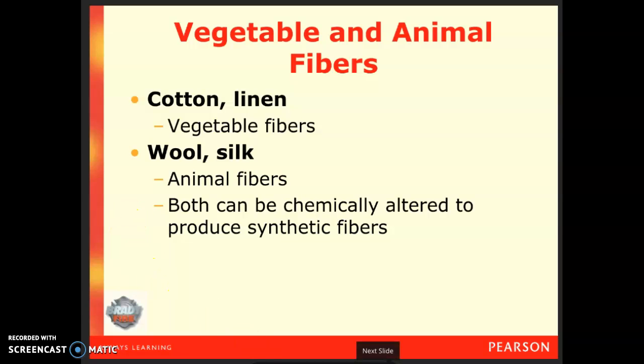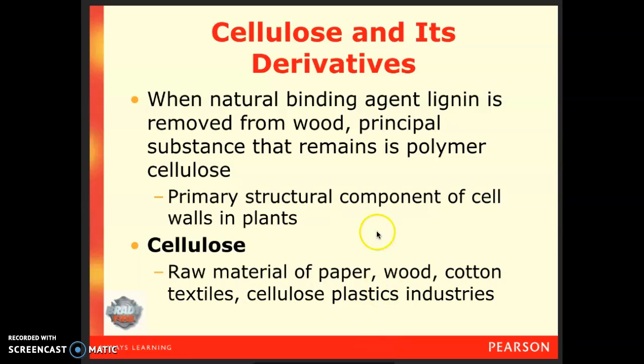Now, one of the more common other types of natural polymers are cellulosic polymers. Cellulose is derived primarily from plants. It is the primary ingredient in cell walls. And in wood sources, you have cellulose, and you also have another binding agent called lignin.